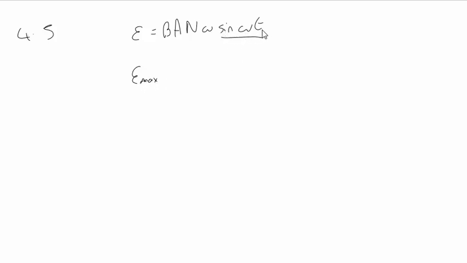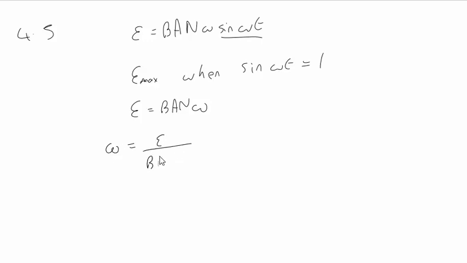The maximum a sine can be is 1. So that is when sine omega t is equal to 1, and we're left with the EMF is equal to B A N omega. We want to find the angular speed omega, which is then EMF over B A N, and the EMF is 5.1 millivolts.